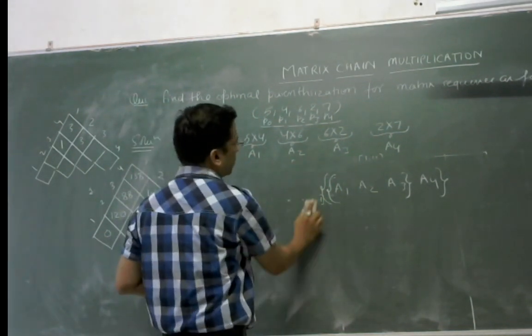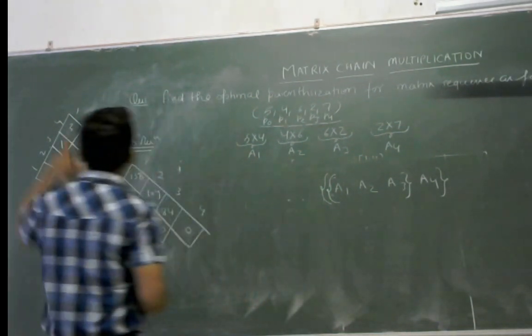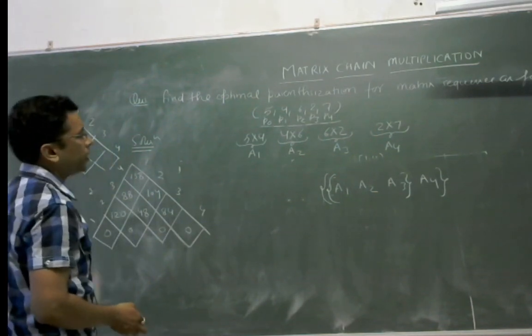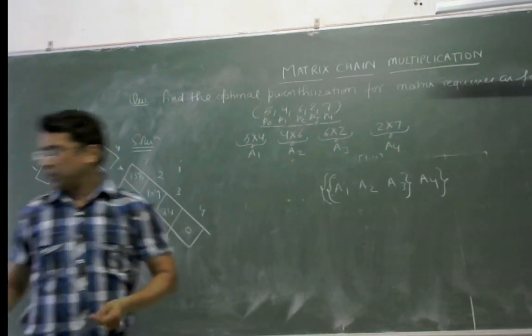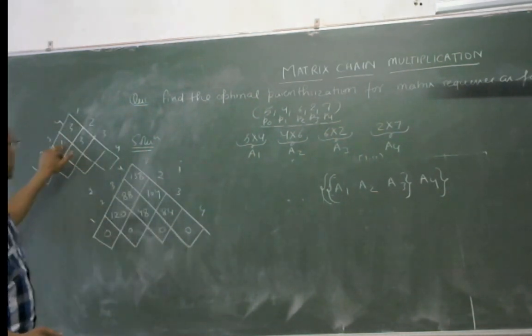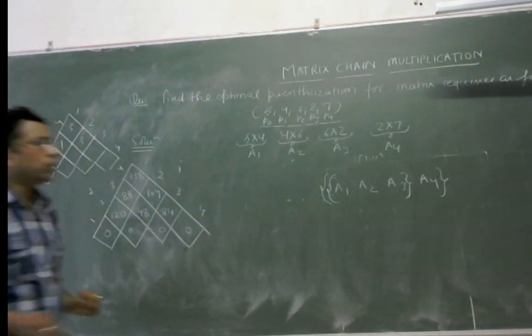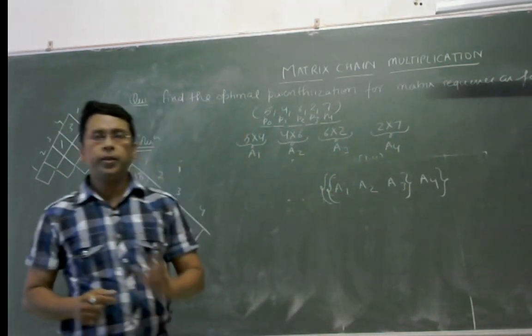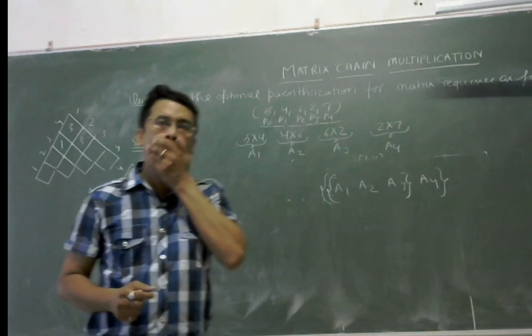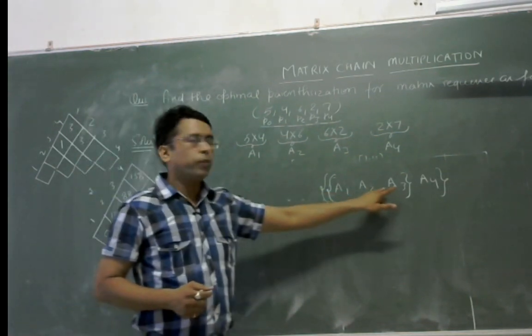After this, for M13, we are getting the optimal result when k is equal to 1. Among these three, we can multiply only two matrices at a time, so we need further partition.